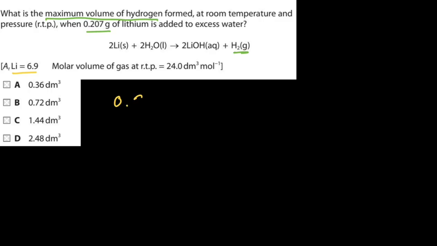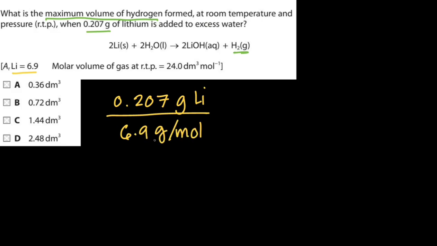We divide the mass of lithium by its molar mass, which is 6.9 grams per mole. So the gram unit cancels out, so we're left with the mole unit, and 0.207 divided by 6.9 is just equal to 0.03 mole of lithium.